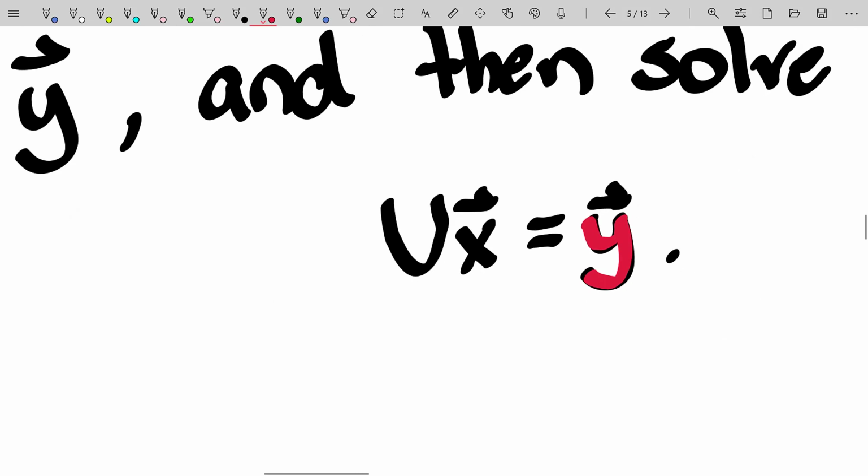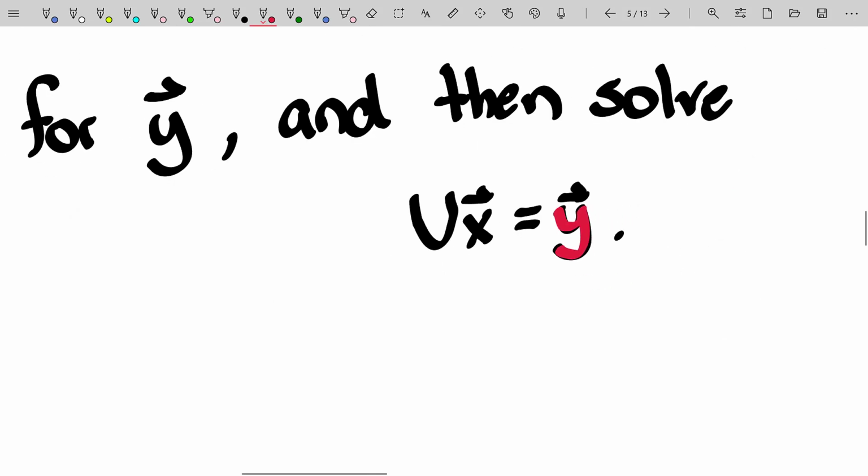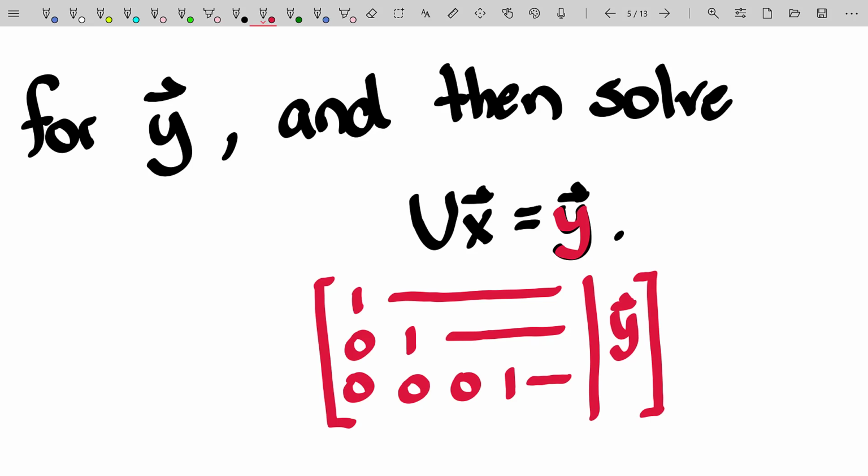And you look at that and you say, God, that seems really convoluted, but I'll tell you right now, that's an upper triangular matrix right there. So solving this for x is going to be very nice if we have that vector y, because you essentially have an augmented matrix like this. It's already set up for back substitution, or the backwards phase of the reduced row echelon process, if you would like.